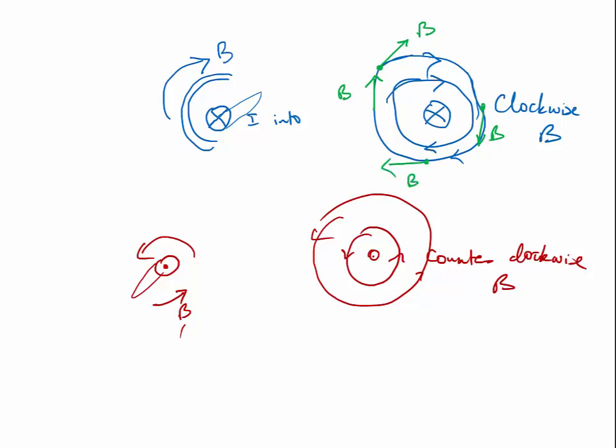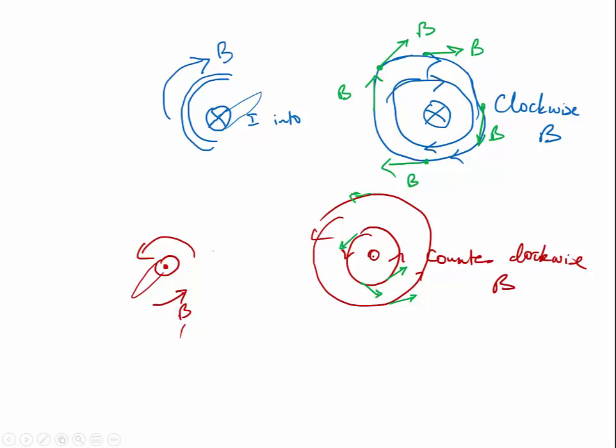So similar to how we did the electric field, it's just a tangent. So you can go from magnetic field lines to magnetic field vectors. And for this guy, with the current coming out, the magnetic field vectors at various points will look like that. Okay, so that's how you go from whether it's clockwise or counterclockwise to what it is at specific points, which will point up or down or left or right or at some angle.